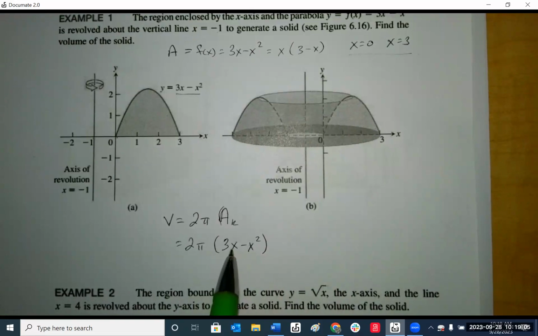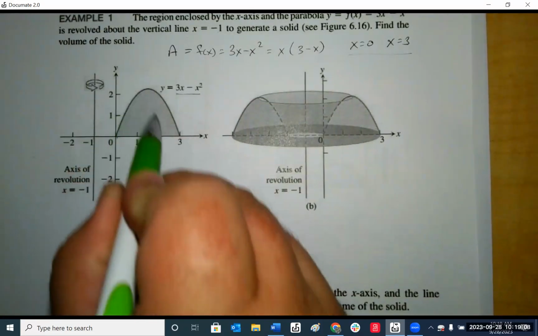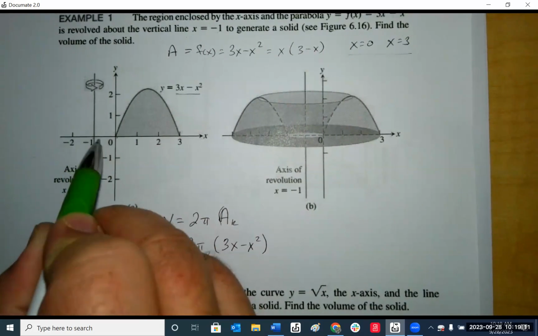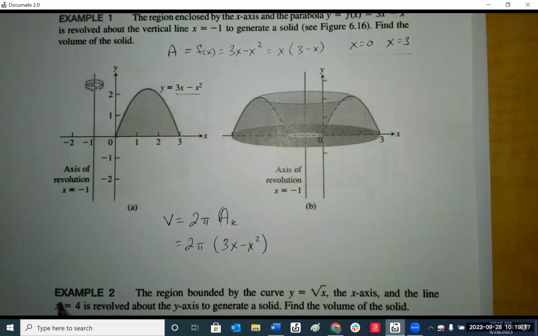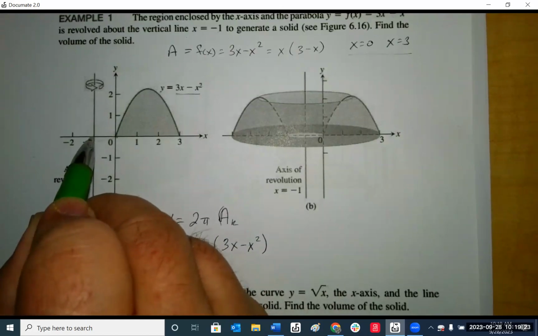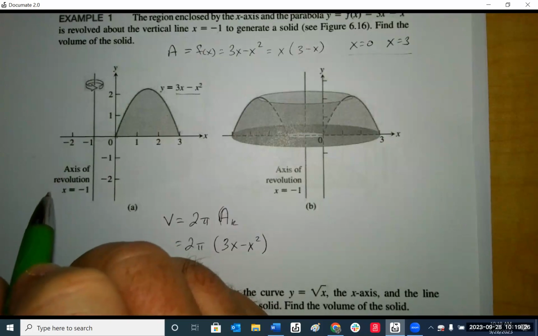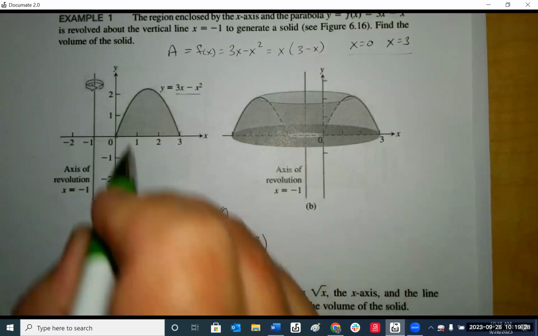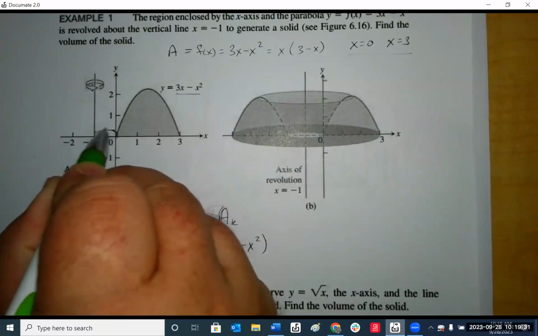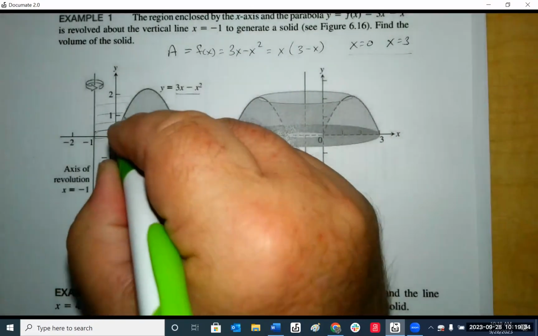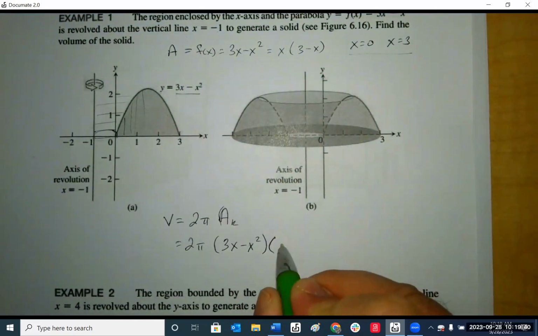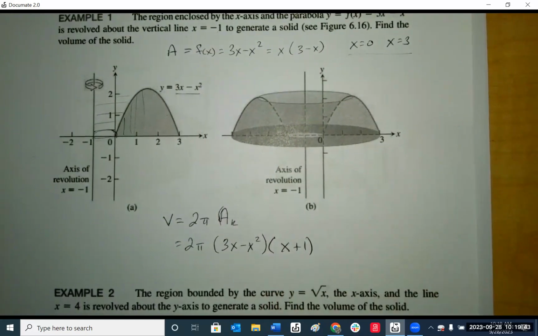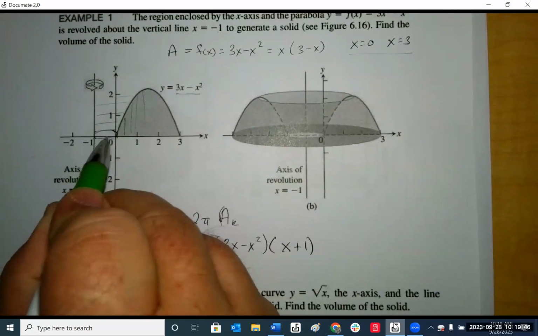This would be perfect if our bundt cake started revolving at the origin, but we have this empty space we have to worry about. What's that? Yes, because now to take care of this area here, as it increases as we go further, as x goes further, it increases. So we have to take care of that. We have to have an x plus 1 because it takes care of this one step here.